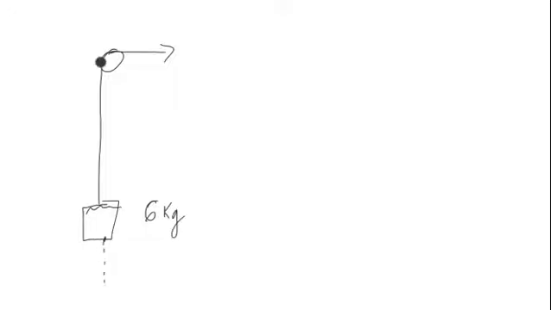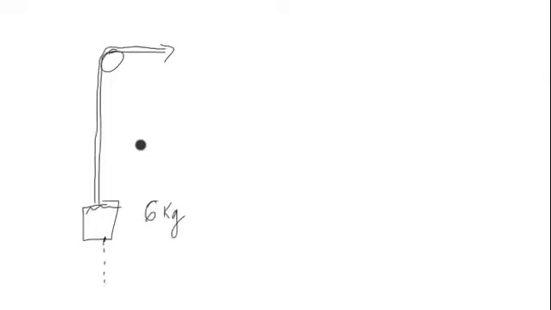So by the time it gets to the top, the bucket will be empty. It's going to go from 6 kilograms to 0 kilograms by the time it gets to the top.